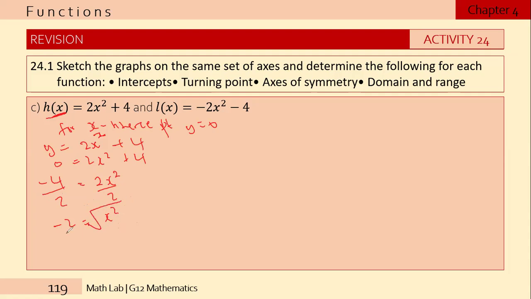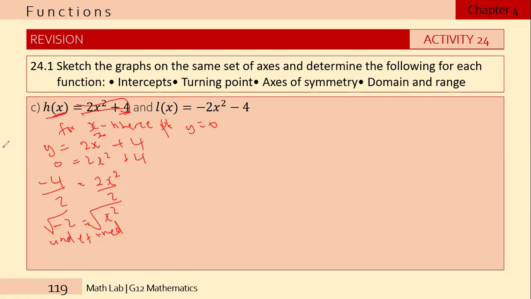Square root. But now the square root of a negative answer is going to give us undefined. So it means this graph does not have an x-intercept. In other words, it does not intersect with the x-axis. It only has the y-intercept.